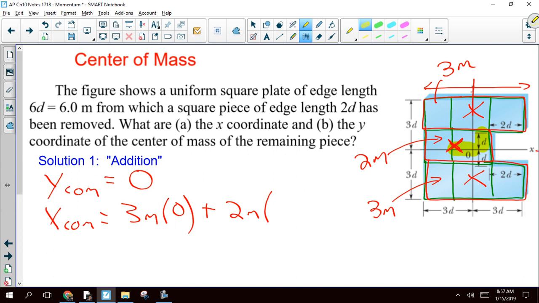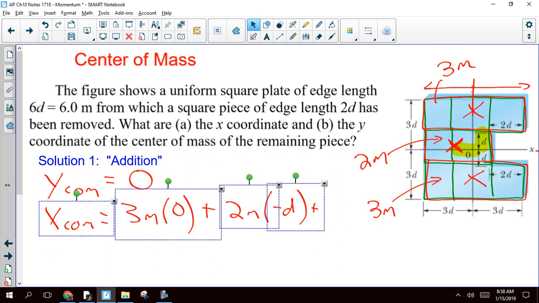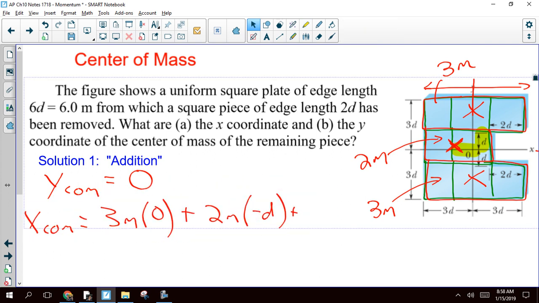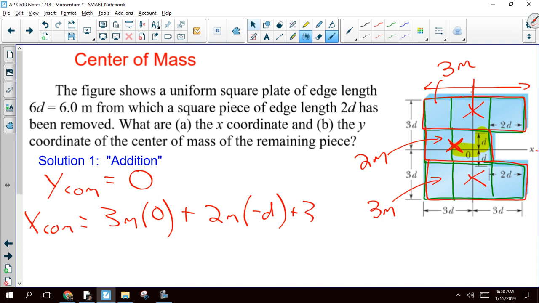And so this is just 1d over, so negative d. And then that bottom chunk is the same as the top chunk, so that's another 3m times 0, all over our total mass, which is 8m. 3 plus 2 plus 3.